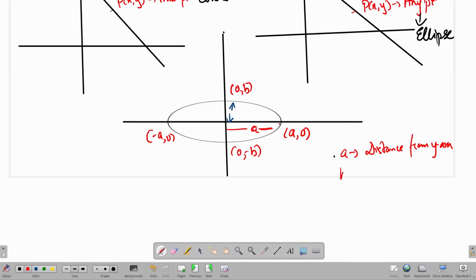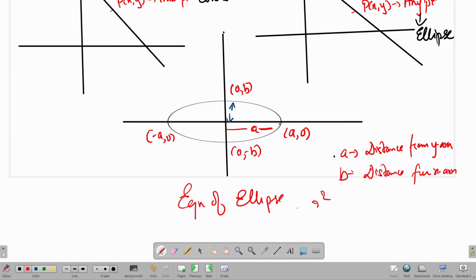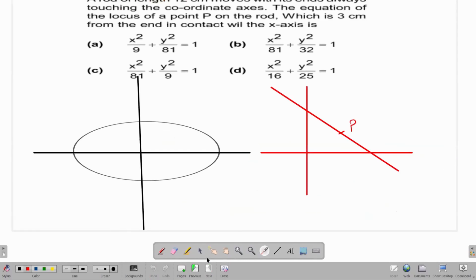So B is the distance from the x-axis. And the equation of the ellipse is x²/a² + y²/b² = 1. Here we need A and B. Now look at how we apply these results.